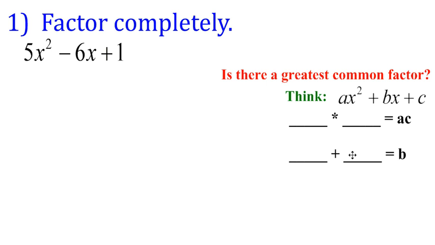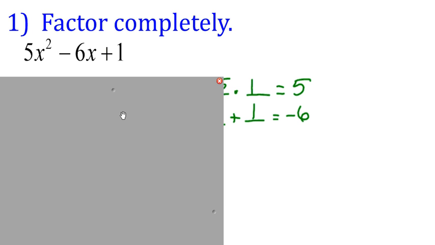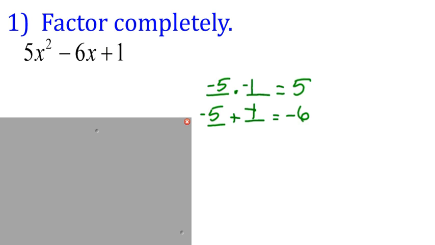So, are there 2 numbers that we can multiply together to get 5 and add to get negative 6? Well, we know that negative 5 times negative 1 equals 5, and negative 5 plus negative 1 is negative 6.